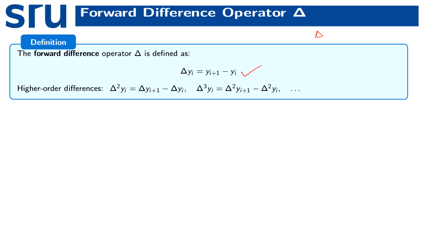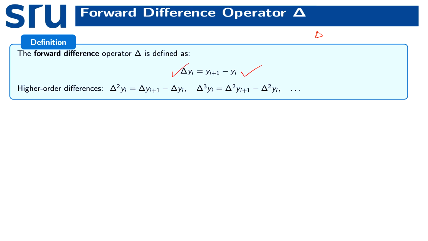This means we take the difference between two consecutive values of y, and specifically we subtract the current value from the next value. So in simple terms, forward difference equals next value minus current value, which is written as delta yi.